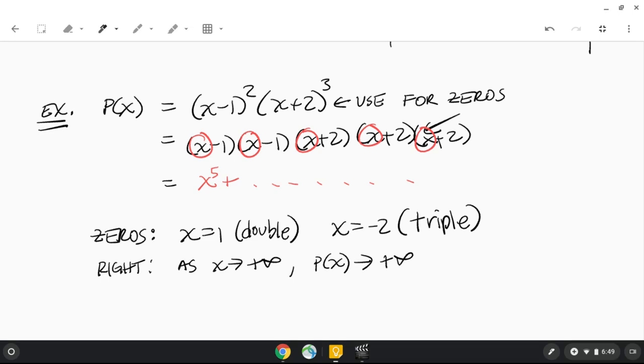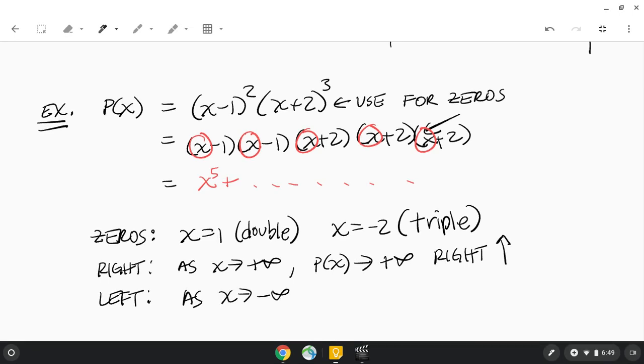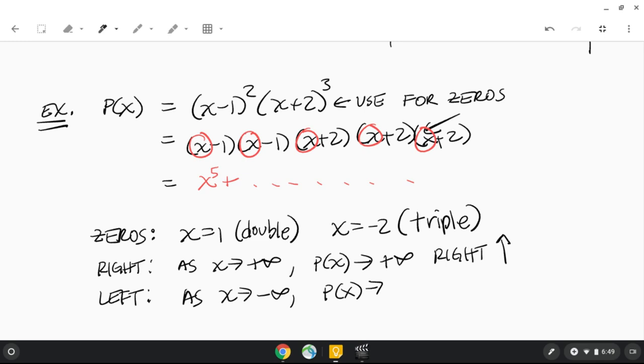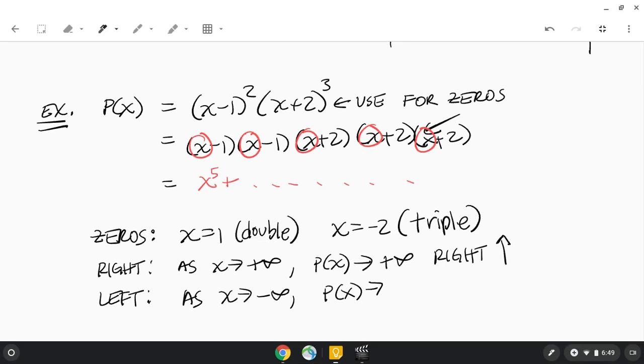Let's do left-hand behavior. As x goes towards negative infinity, p of x goes towards negative infinity. So on the left-hand side, it will be going downward. Okay. So with, again, these three lines, I should be able to come up with the graph.